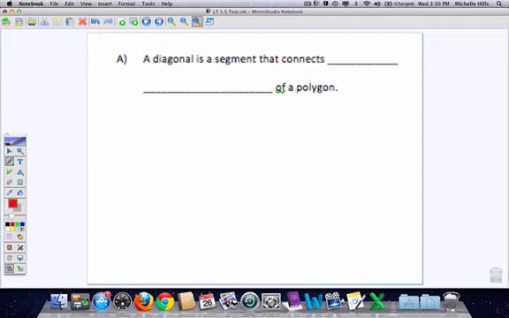A diagonal is a segment that connects two non-consecutive vertices of a polygon. Now, the common mistake: people said two non-consecutive points of a polygon. I agree that vertices are points, but let's say I'm looking at this quadrilateral.